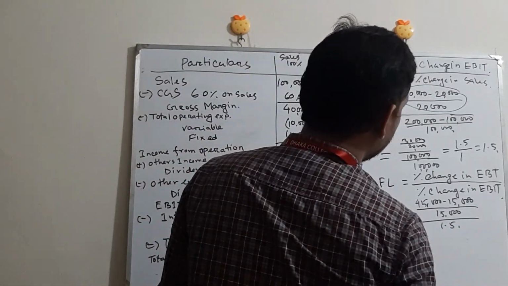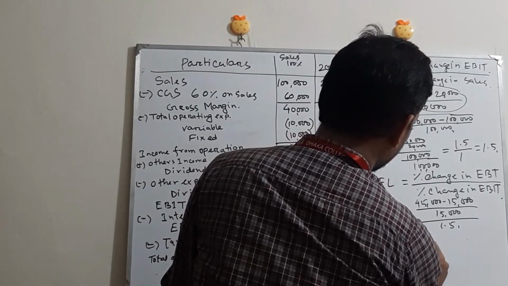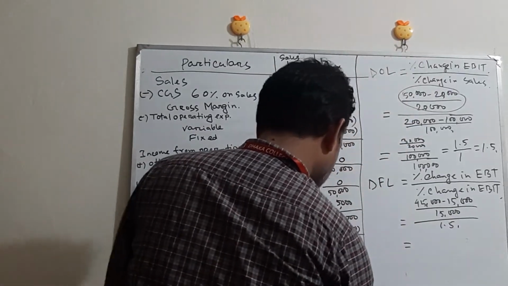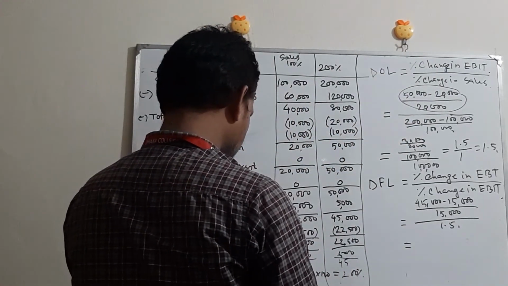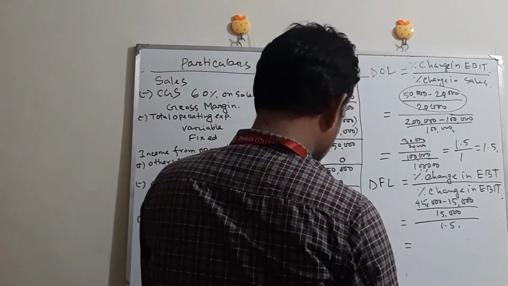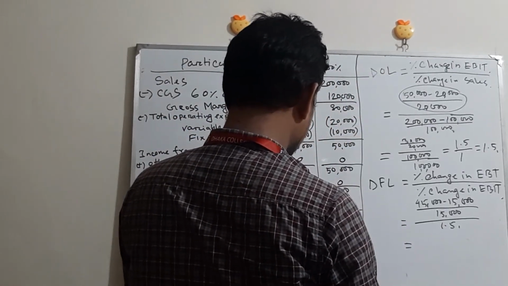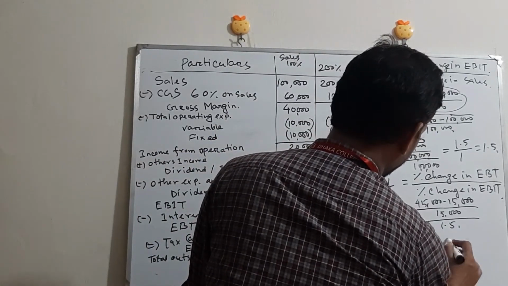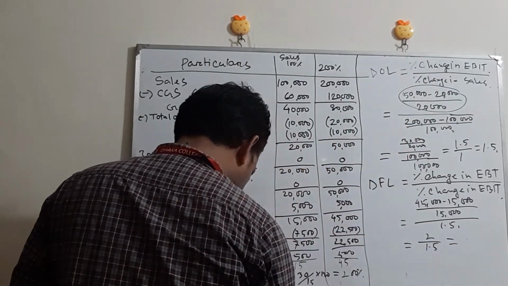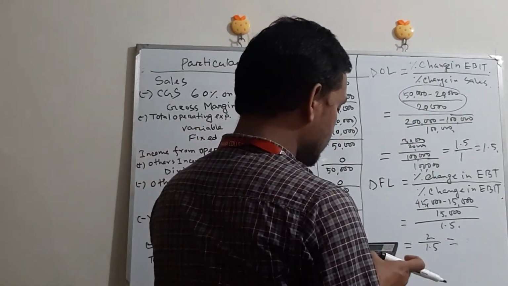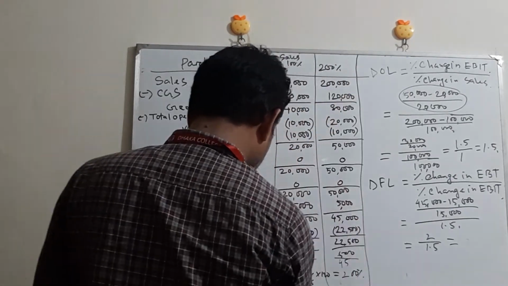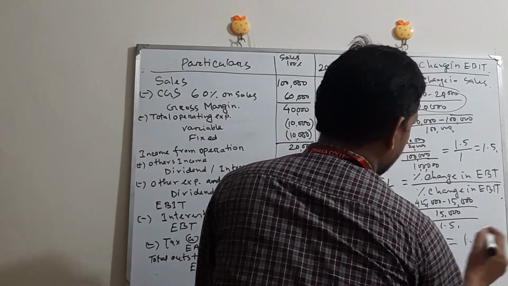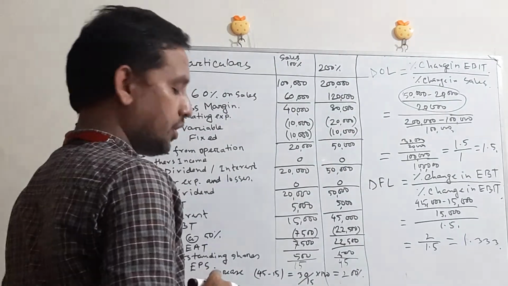So 45 minus 15 is 30, divided by 15 is 2, divided by 1.5. 2 divided by 1.5 is 1.333.